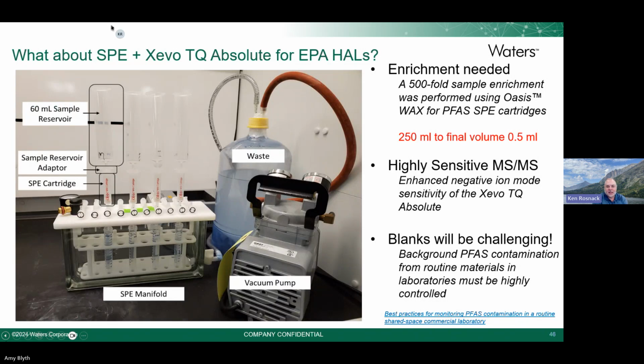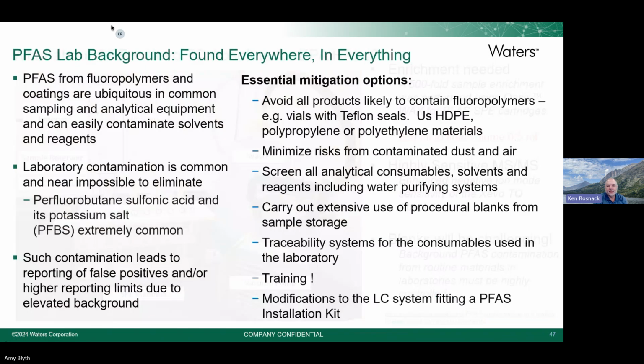The basic system with a vacuum pump and waste, and then you end up pulling your sample through the cartridge, collecting the effluent, and then concentrating it. In the case of reaching those parts per quadrillion limits, taking a 250 mL volume of the sample down to 0.5 mL is what gets you that concentration in order to run it on the TQ Absolute.